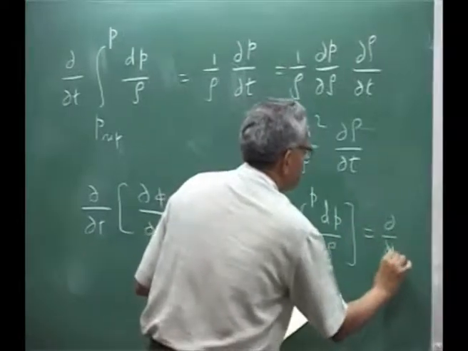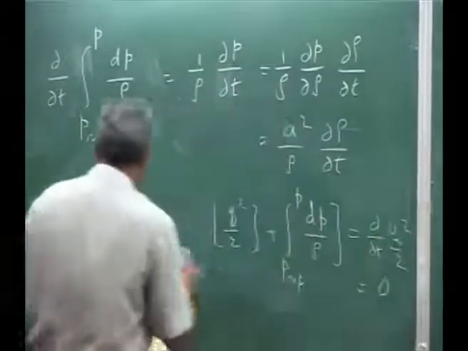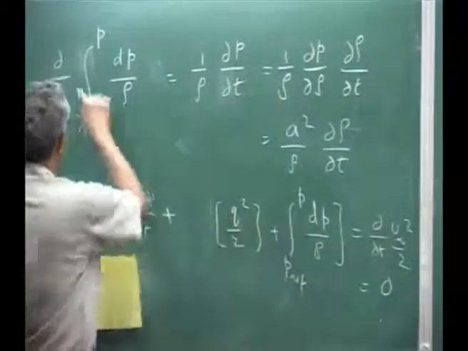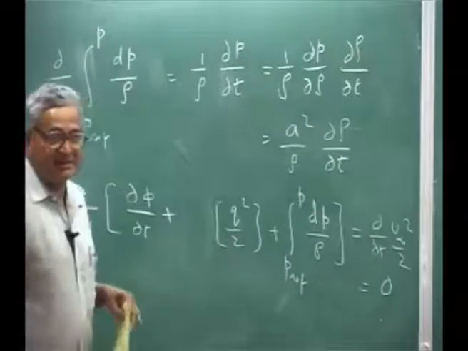Delta by delta t of u infinity square over 2 is 0, and this term I can replace with a square over rho d rho by dt.